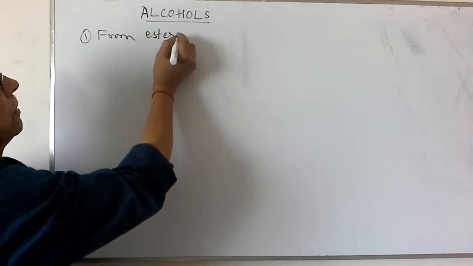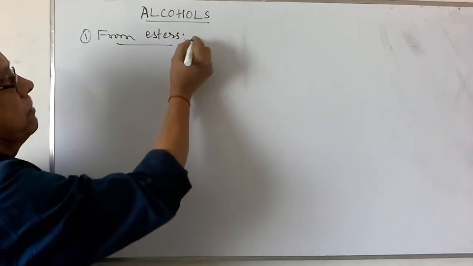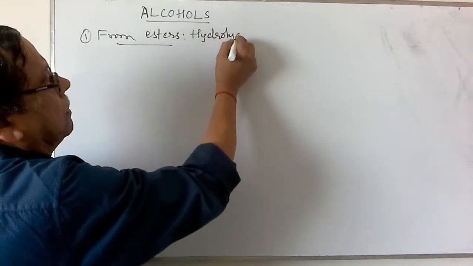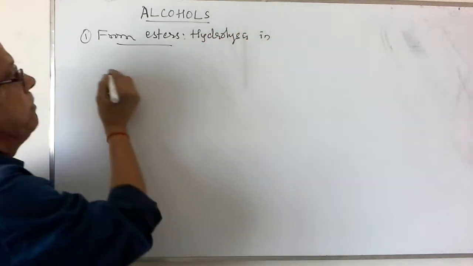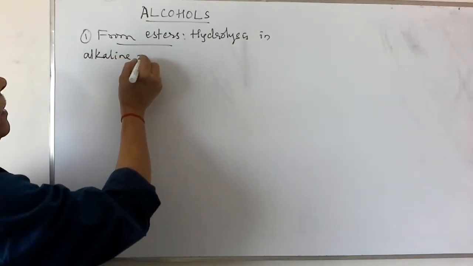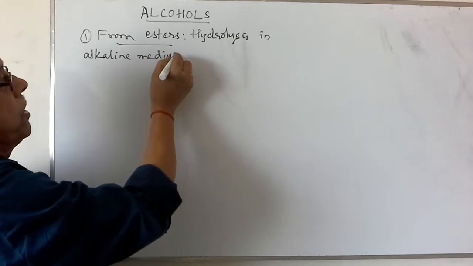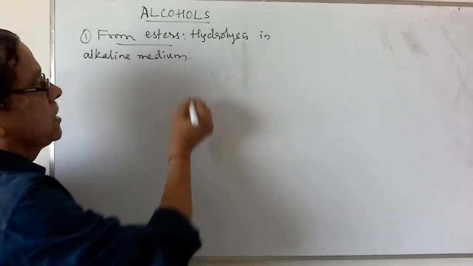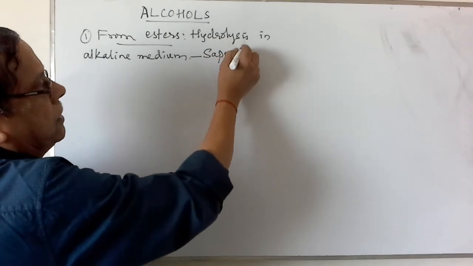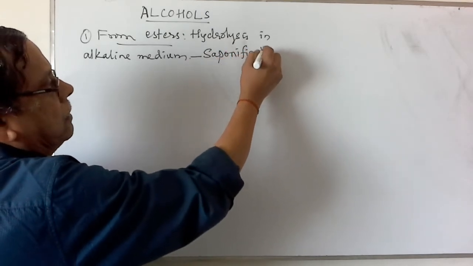From esters. Esters can be subjected to hydrolysis in alkaline medium, for example, sodium or potassium hydroxide. This type of reaction is named the saponification reaction.